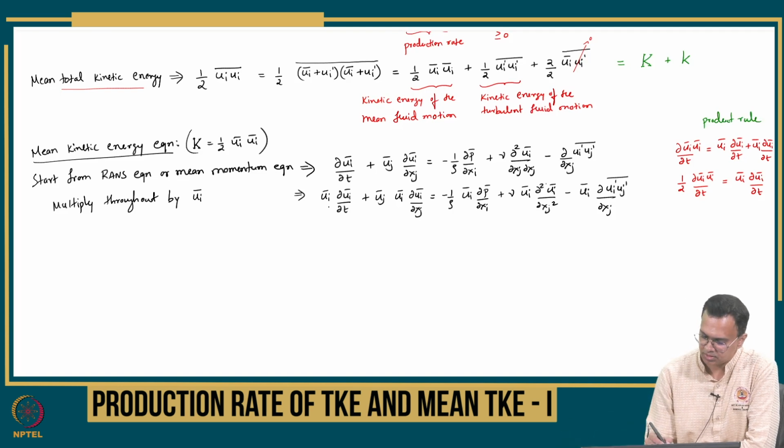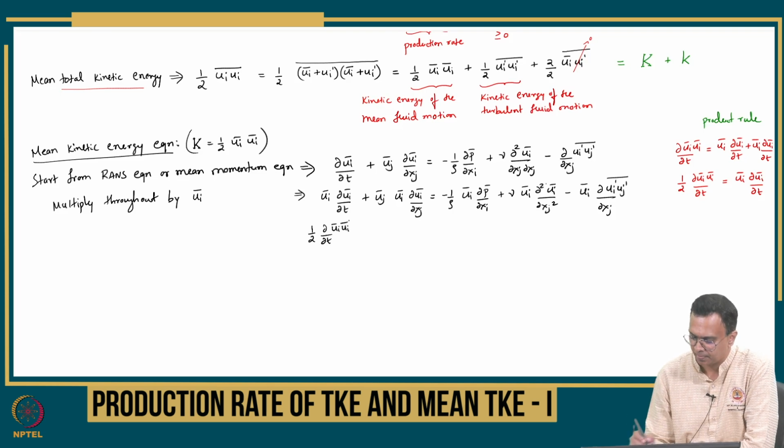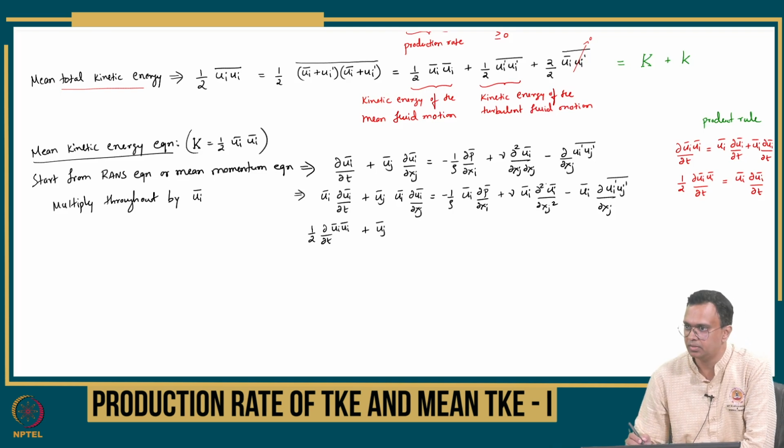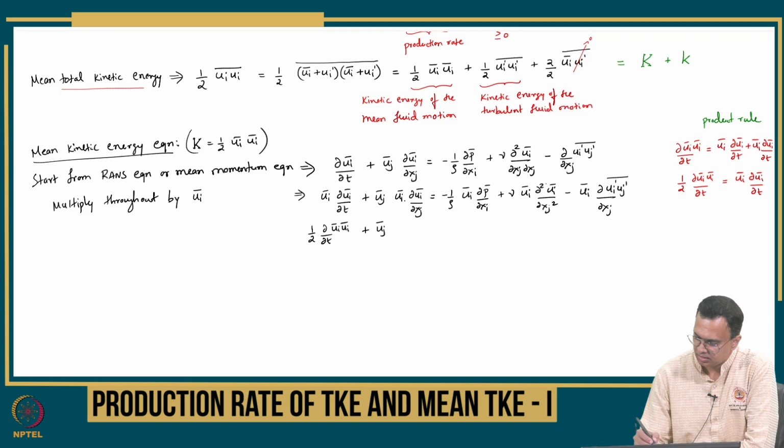So the first term, ui bar dou ui bar by dou t, I can simply replace with half of dou by dou t of ui bar squared, plus the second term, where uj bar is the advective velocity. Again, similarly, I have ui bar dou ui bar by dou xj. It's a spatial derivative instead of the temporal derivative.